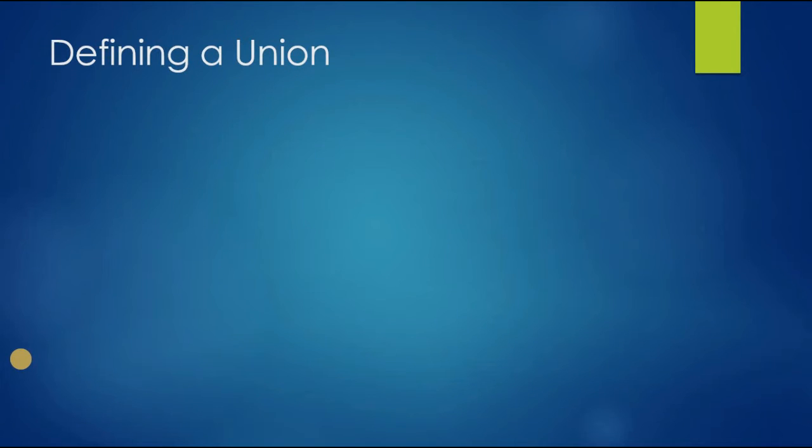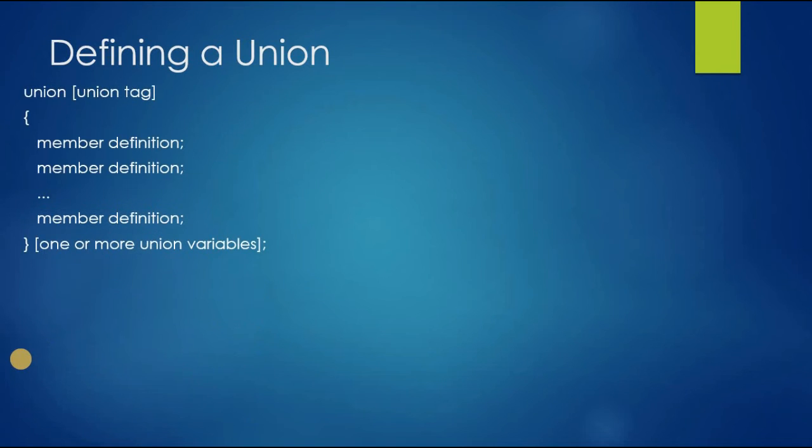Now we will see how to define a union. This is the format of defining a union in a program. To define a union, you must use the union statement in the same way as we did while defining a structure. The union statement defines a new data type with more than one member for your program.